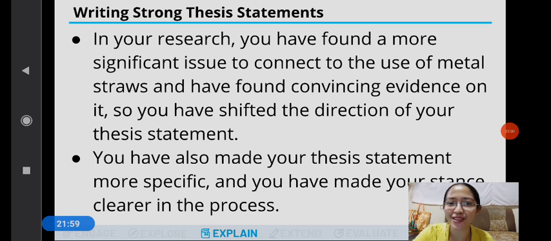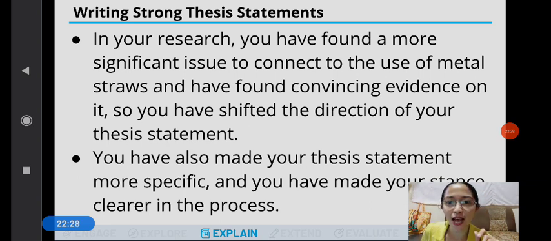Because in the first thesis statement, we can only see that the author says using metal straws is an effective way instead of using plastic straws. Very vague.